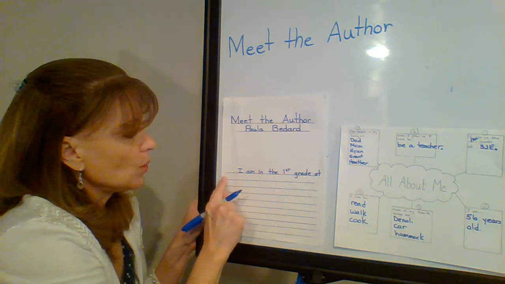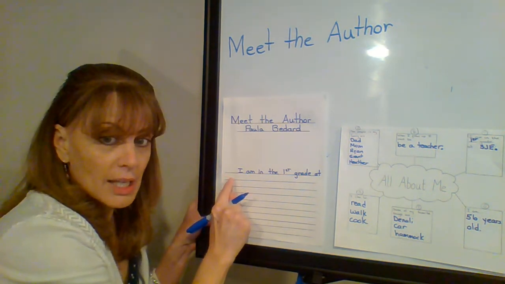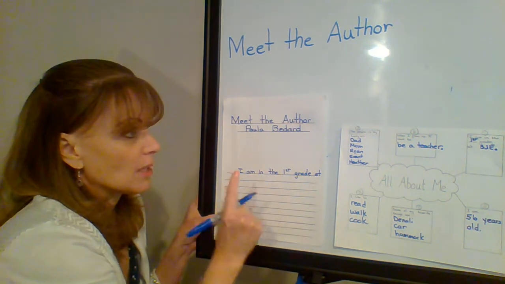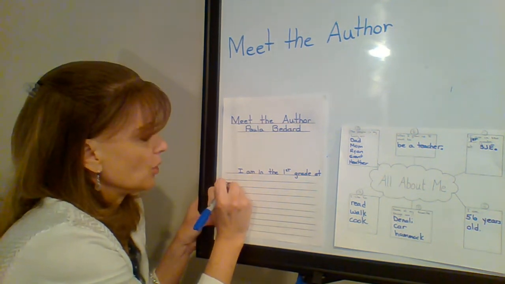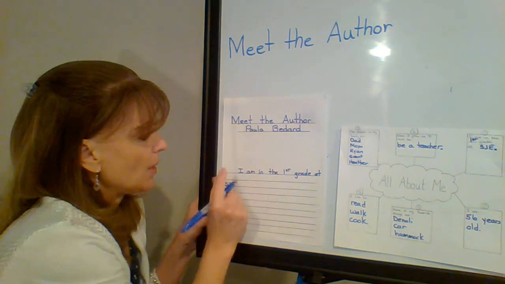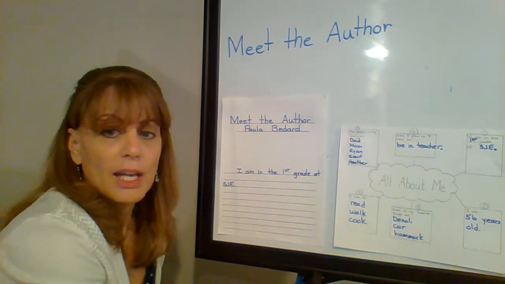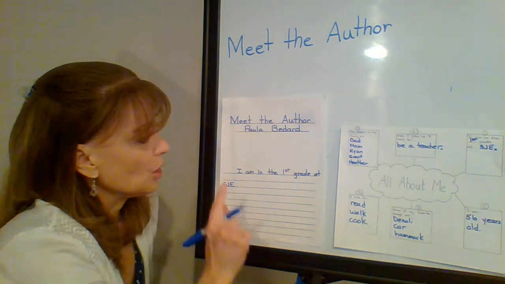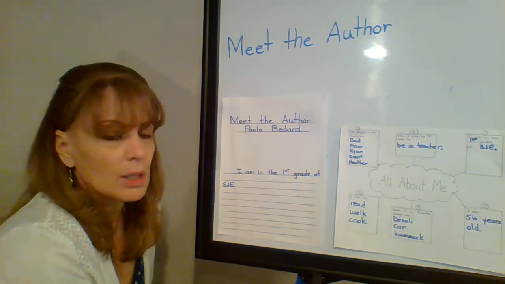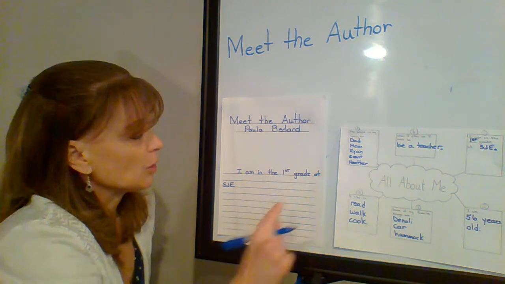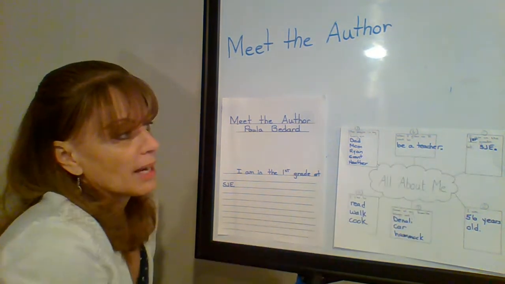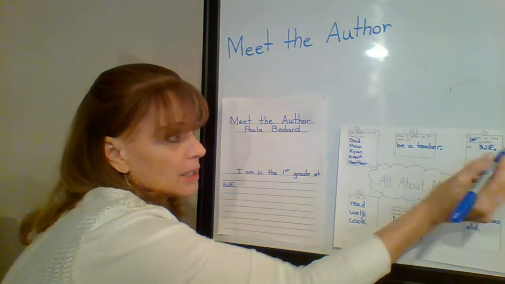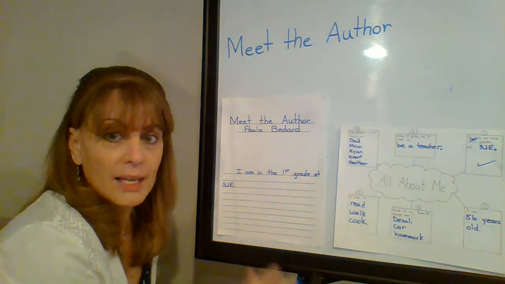Now, if you are writing large, don't write on the next line. Write down, so I'll show you how to skip it. See how I skipped that line? So that you have plenty of room so your letters don't run into each other. So if we write on every other line, it will look nicer. I am in the 1st grade at SJE. You copied it right from number 1. And then just so I know I've done it, I'm going to put a little check mark there to say, I'm done.